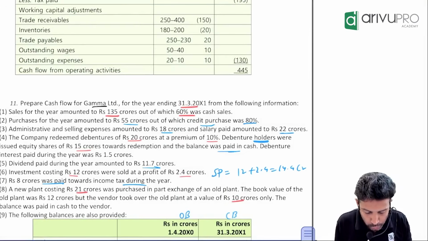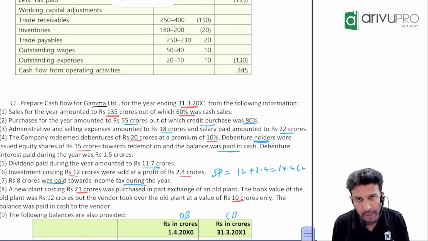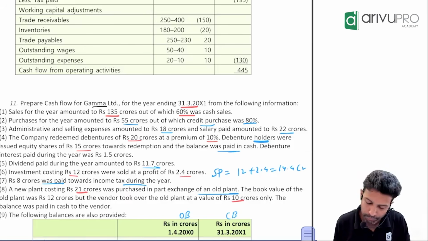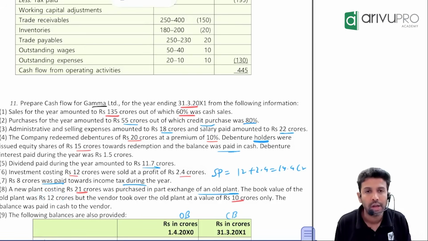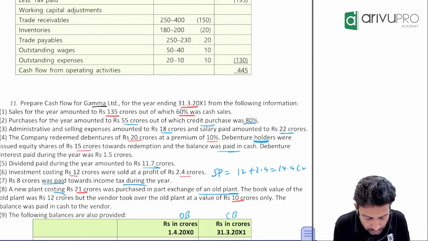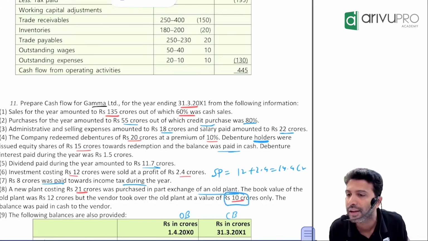Next, new plant costing how much? 21. It was purchased, but by paying cash or through exchange of old plant? Barter system. The old one you are giving, you are buying the new one. Old plant's book value how much? 12. Do you think it has to be exchanged at book value or the agreement value could be different? Book value of the old plant was 12, but the vendor took over the old plant only at 10.